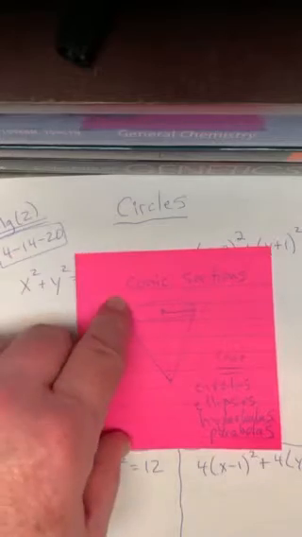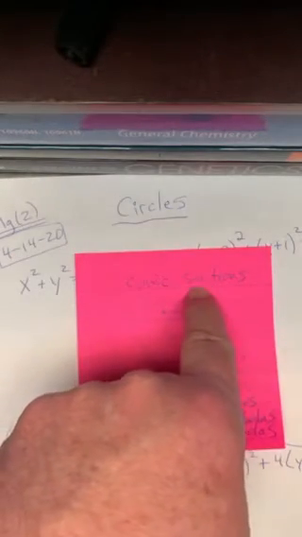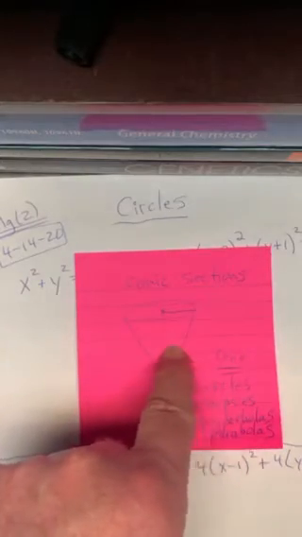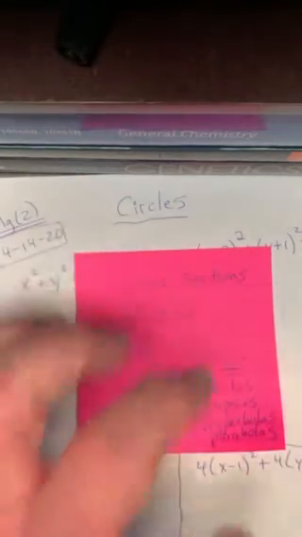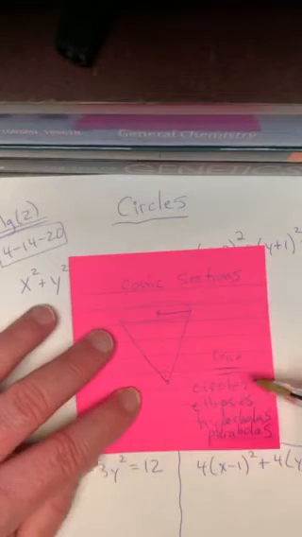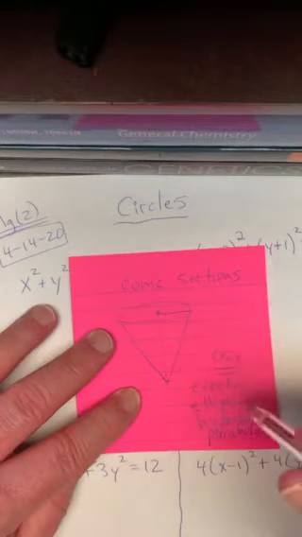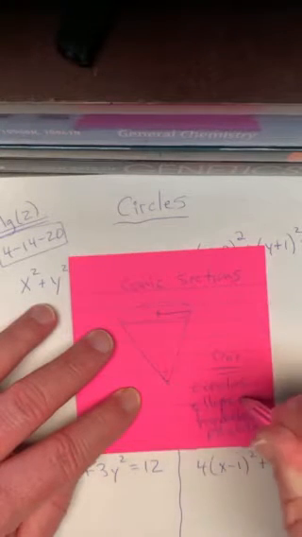But bottom line is we are about to study different cross sections created from a cone. The 4 main topics we're going to discover and learn how to draw are circles, ellipses, hyperbolas, and parabolas. And we're going to take those one day at a time.